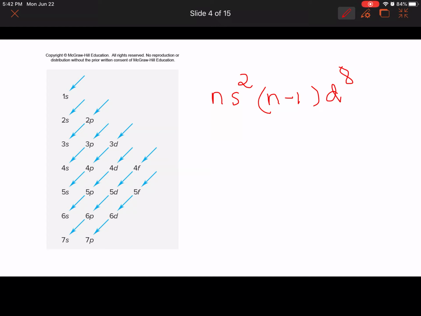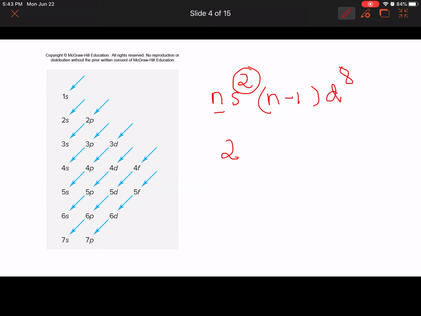n is the principal quantum number. d is going to be 1 less than that. Now the valence electrons are going to be the s and p, if you do have s and p. But here we have only s. So these 2 are going to be valence electrons. That is the highest quantum number.